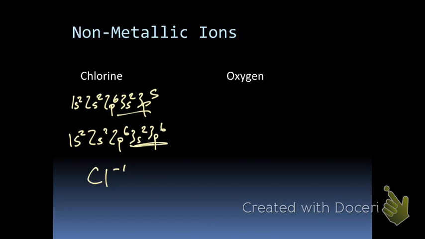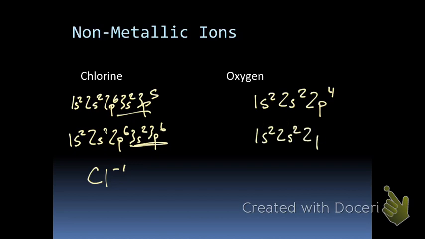In this case, chlorine actually gets bigger because it adds an extra electron, which minimizes the nuclear positive charge. Oxygen is 1s2, 2s2, 2p4. What I want you to see is it's closer to 2s2, 2p6. That would be its most stable form, so it's going to add 2 electrons. It wants to add 2 more electrons, so it'll be O minus 2.